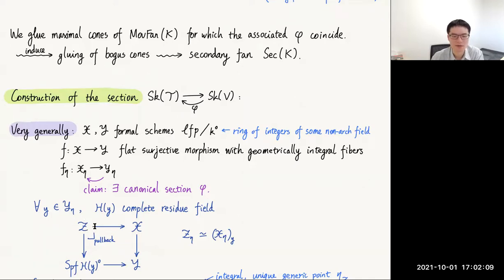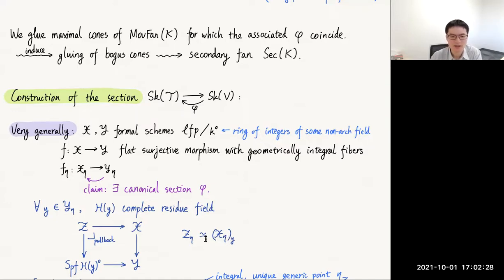We get some formal scheme Z, and its generic fiber is the same as the fiber at y of the generic fiber of X.